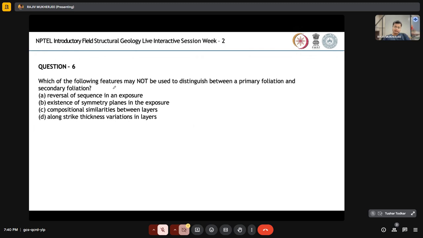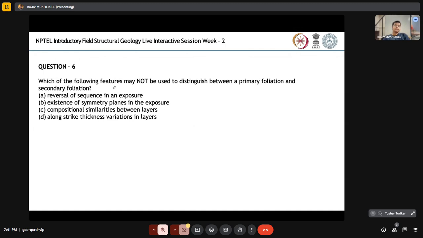Like schlieren structures or layered magma deposits or lava deposits. They can be called trappeans, and there can be some kind of layering, but those are not formed due to deformation processes and therefore they are of primary origin, right? But in most general use, the primary foliation that we talk about generally considers sedimentary origin of the beds, right?